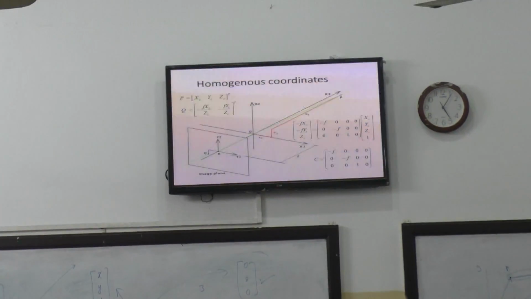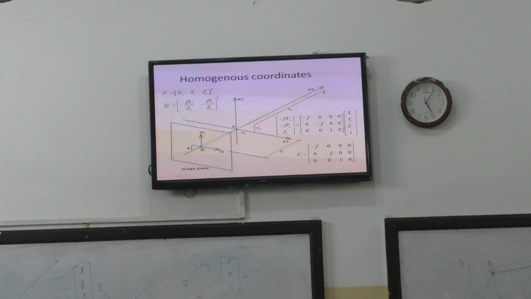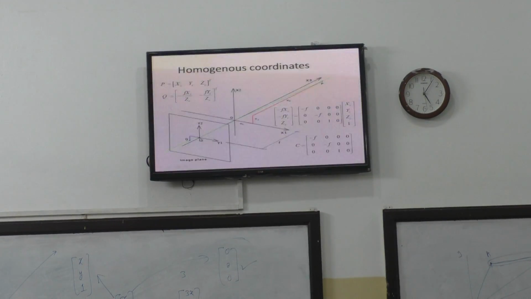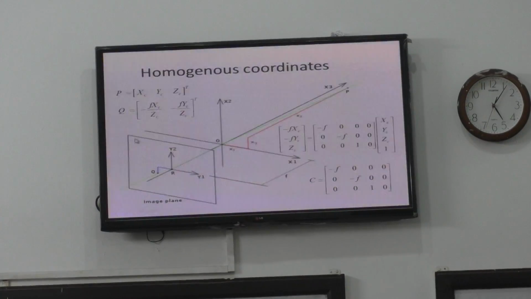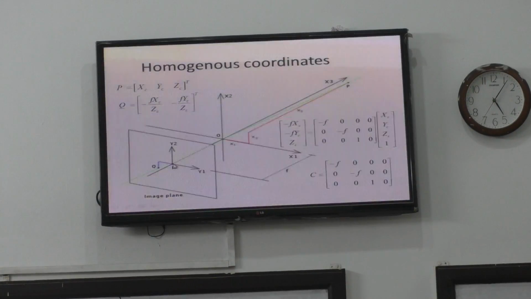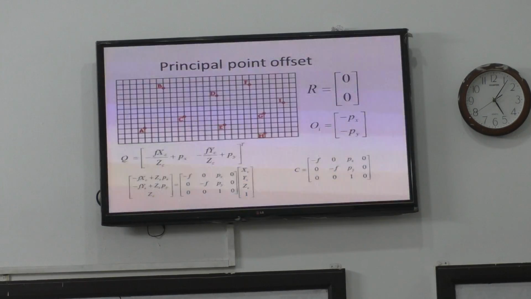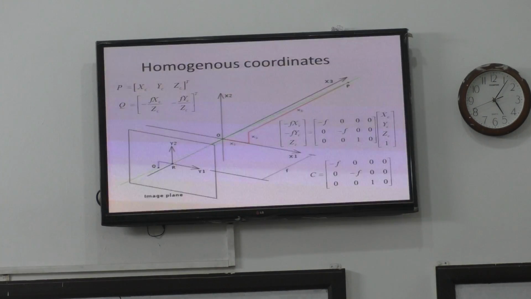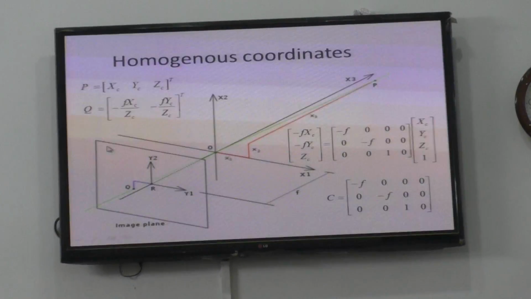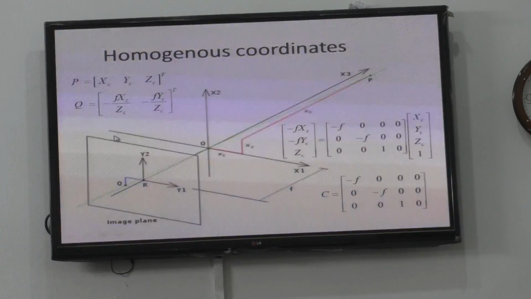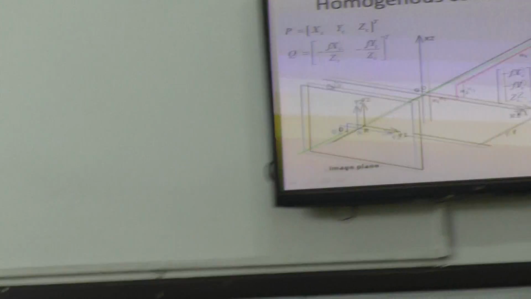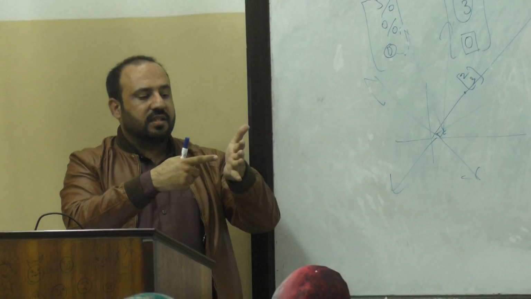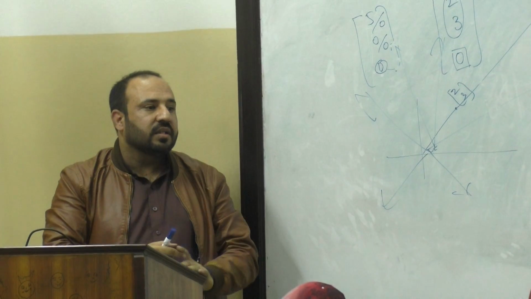We assume so far that our image origin is this point, which is the intersection of optical axes and the image plane. Sometimes this point is called principal point. It is common, however, to standardize the origin at some other point. हो सकता है कि कैमरा मैन्युफैक्चरर्स ने कोई ऑप्टिकल एक्सिस उनका और जो इमेज प्लेन है वो बिल्कुल सेंटर में नहीं आ रहा, किसी पे कहीं आ रहा है, किसी पे कहीं आ रहा है, so on.